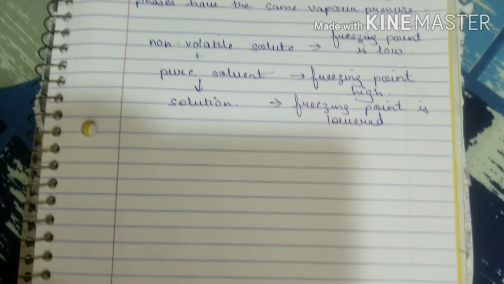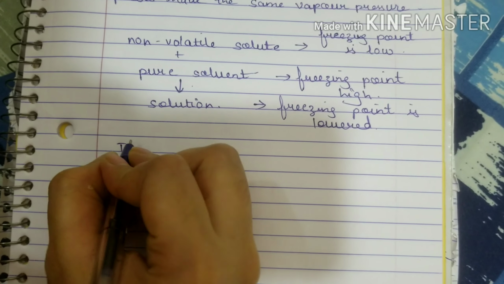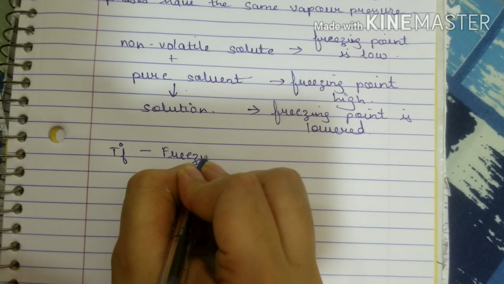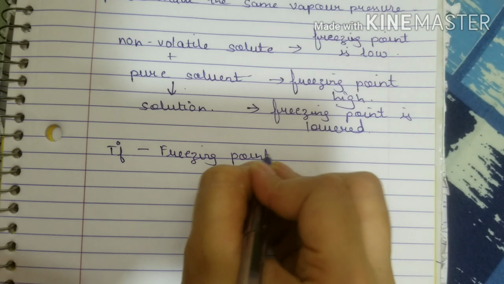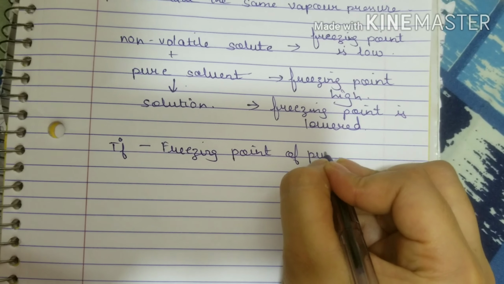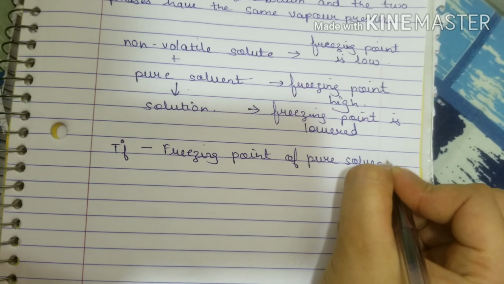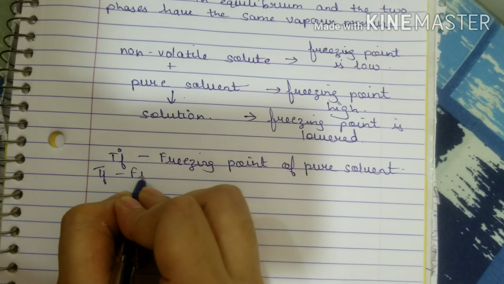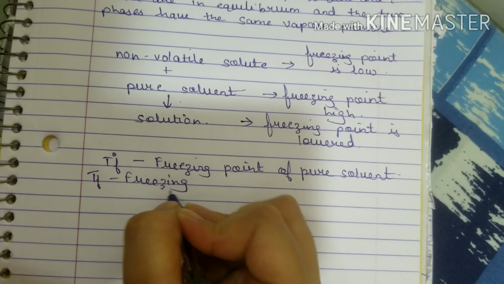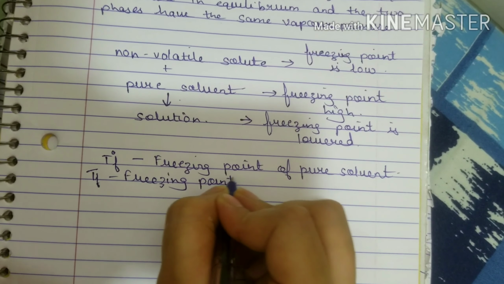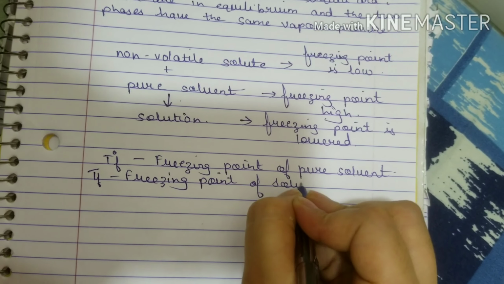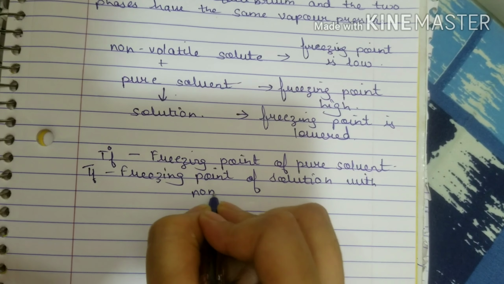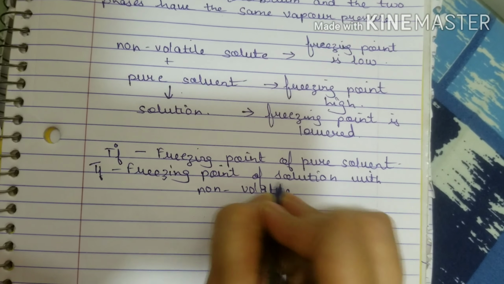Now let us take T0F as the freezing point of pure solvent and TF as the freezing point of solution, which is along with a non-volatile solute.